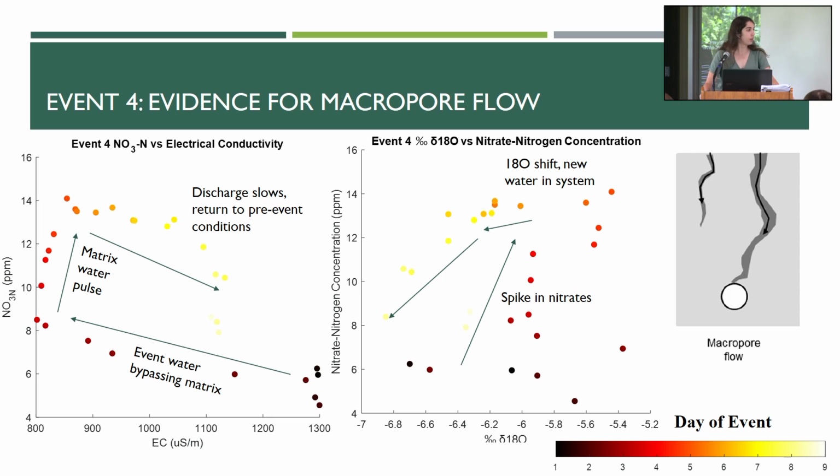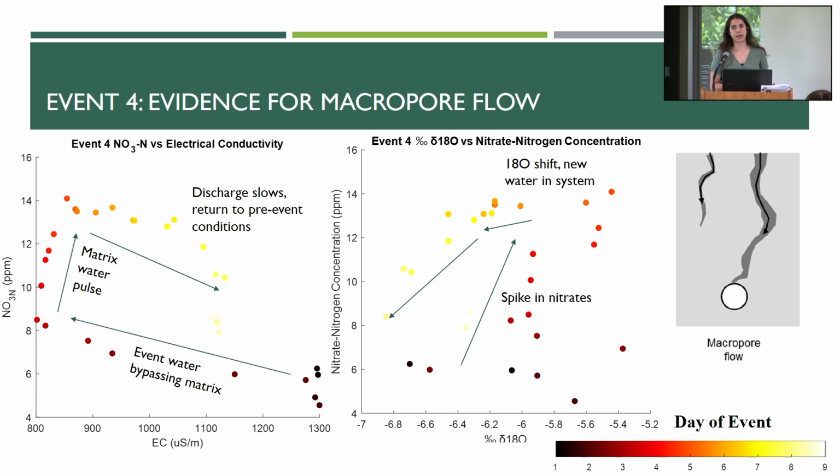On the right is looking at the oxygen 18 isotopes, and there is the initial spike in nitrates early on in the event, and then there is the oxygen 18 shift when new water is added into the system. That's a pretty significant shift in concentrations based off what we looked at, and we can just conclude that new water was added to the system.